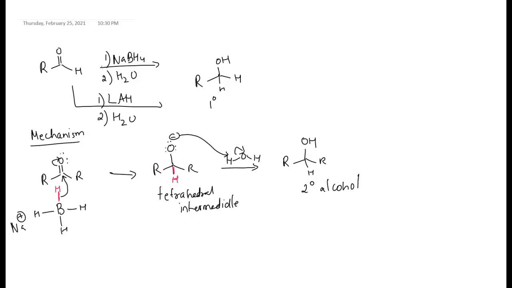Now let's take another example using lithium aluminum hydride, but this time let's use an aldehyde as our starting carbonyl compound. So this is another example, example 2, or maybe we can use another page here. R double bond O H. Now I'm using an aldehyde, and then I'm going to react it with lithium aluminum hydride just to see the mechanism of this reaction.